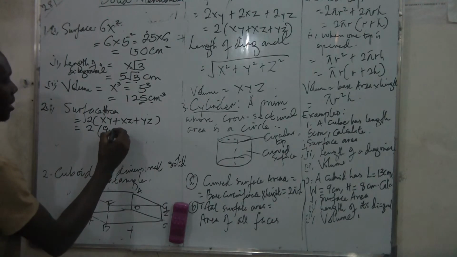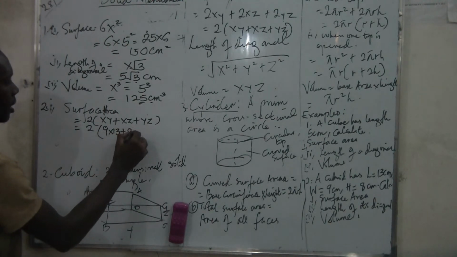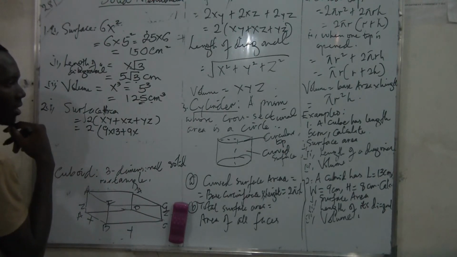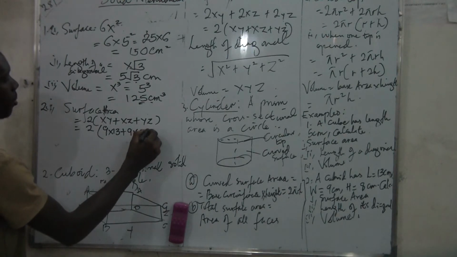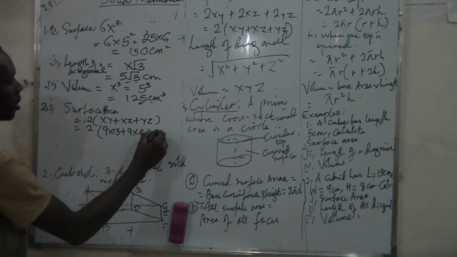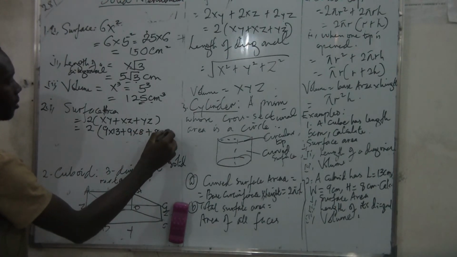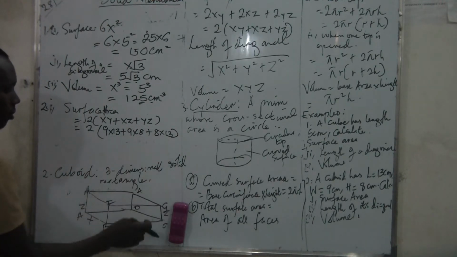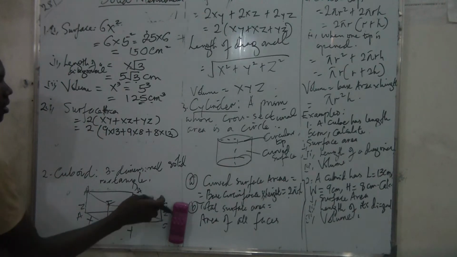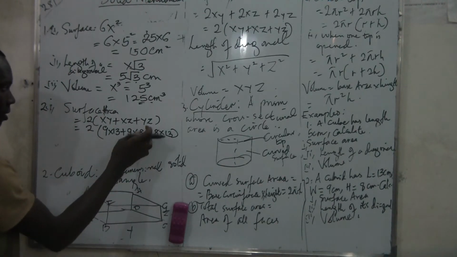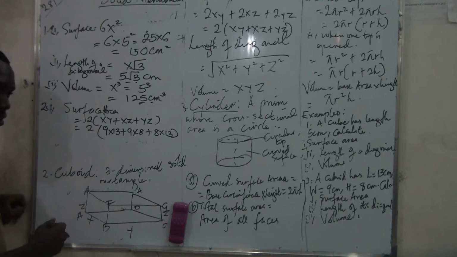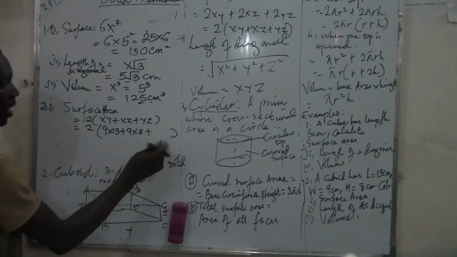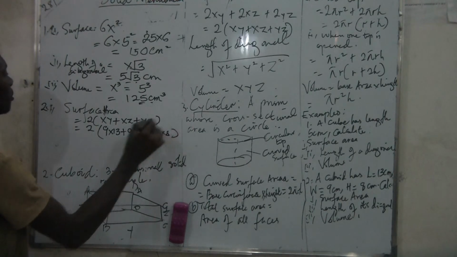So we have 13 plus 9 times the height, which is 8, plus 8 times 13. That is y, which is 13, and z is 8. So 8 times 13. Do you understand? If we write it in order, 13 times 8 is the same thing.